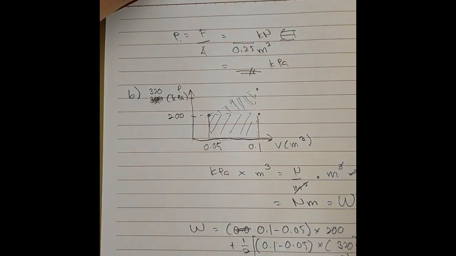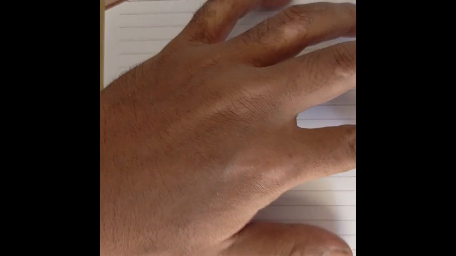Okay, alright, so number 3, C. The fraction of this work done against the spring to compress it.